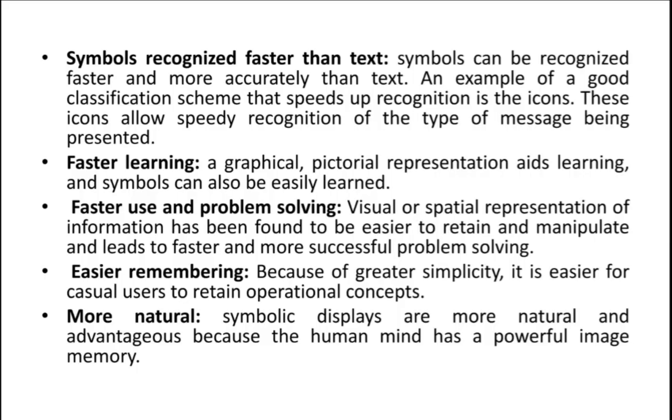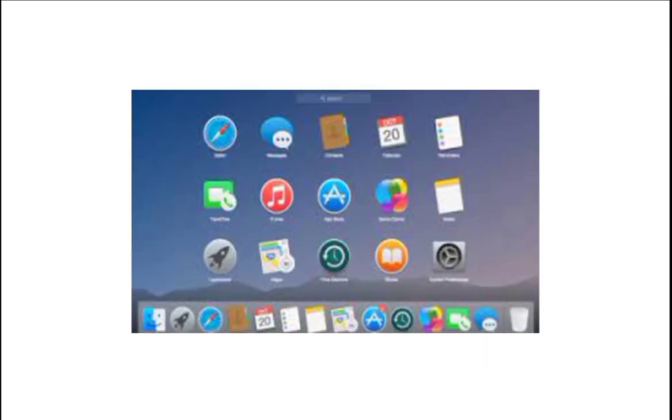So that is GUI. So what is the advantage? Symbols are recognized faster than text. So you can see here, as a user you can recognize these icons very easily rather than the text. If it's text, it's not easily understood by the user, but if it's a diagrammatic representation, you can easily understand.